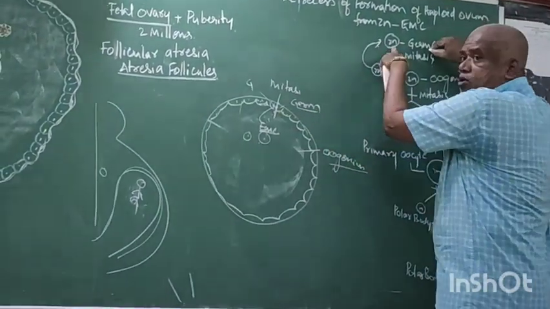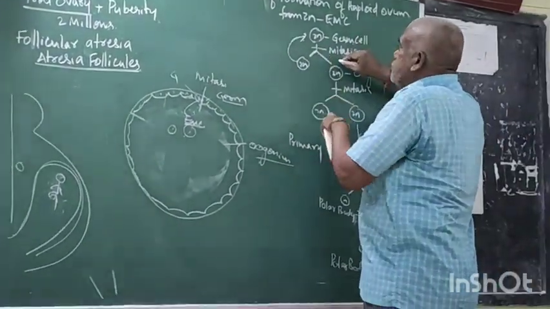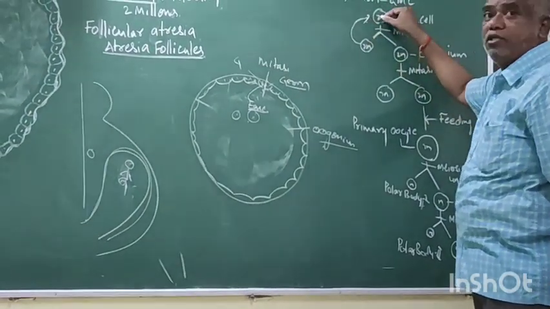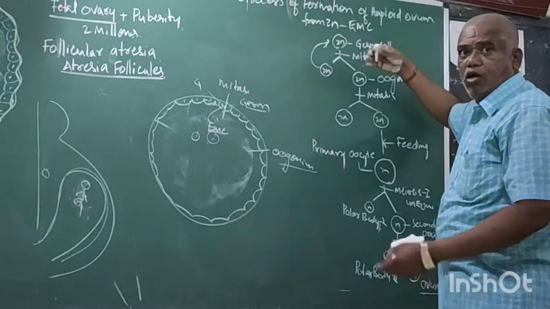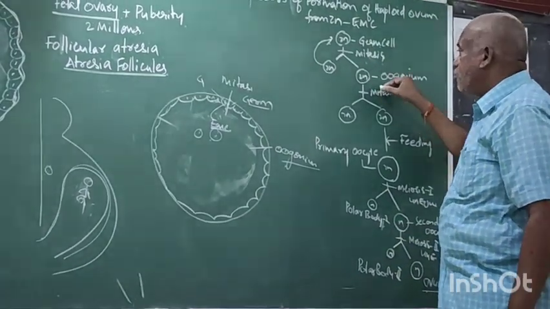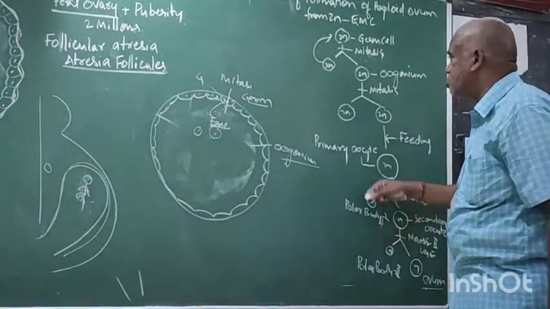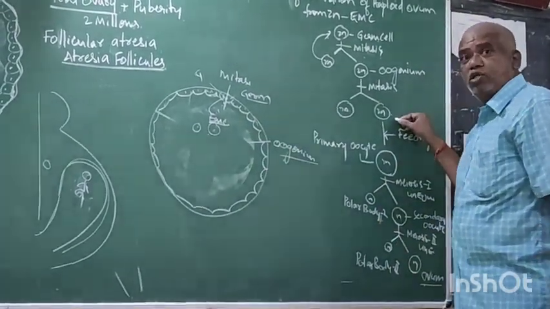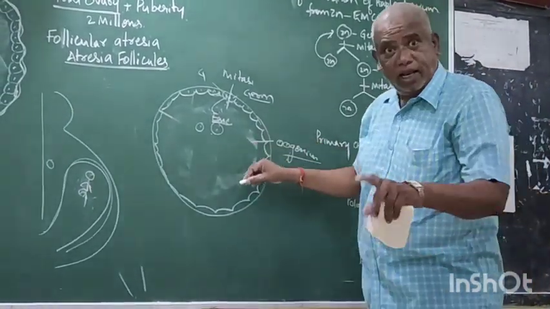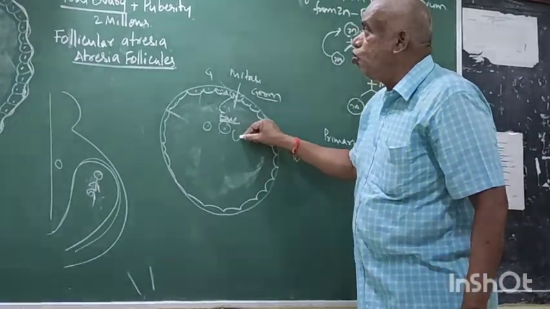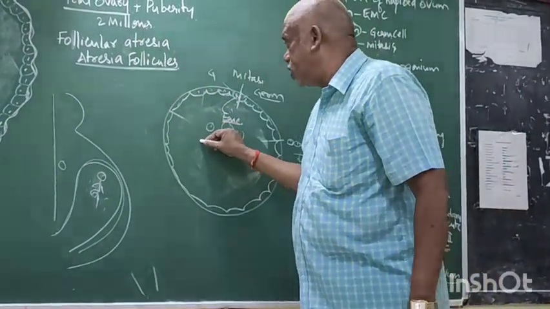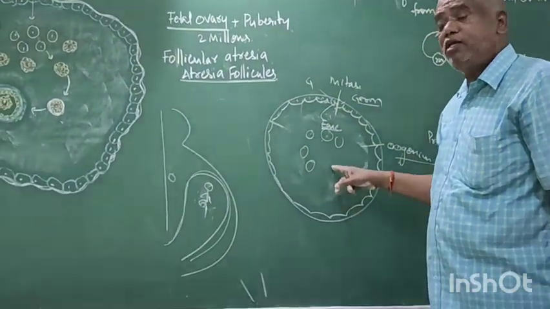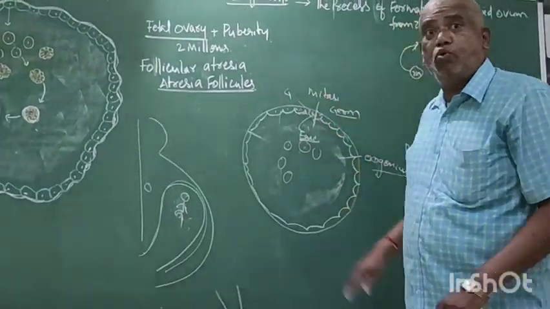Initially, the germ cell undergoes mitosis and forms two daughter cells. One daughter cell remains as a germ cell. The other undergoes repeated mitosis and forms thousands of oogonia, like 2 million oogonia present in the fetal ovary.